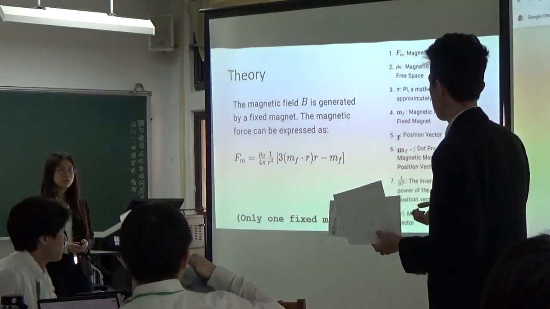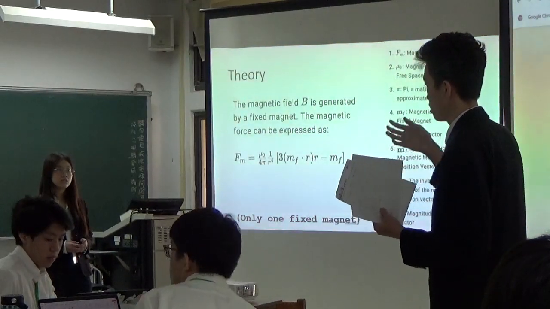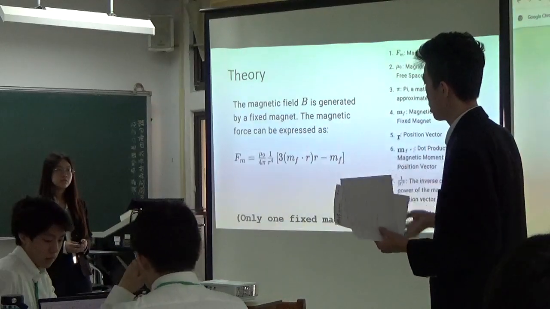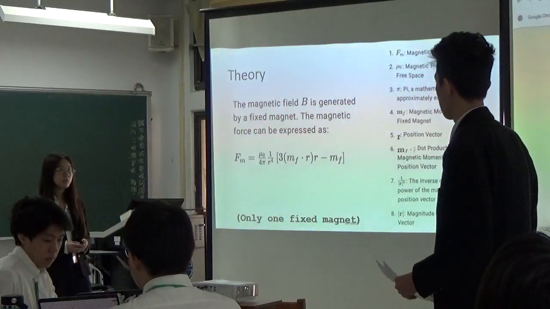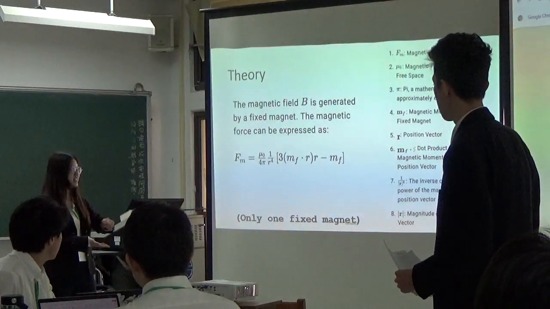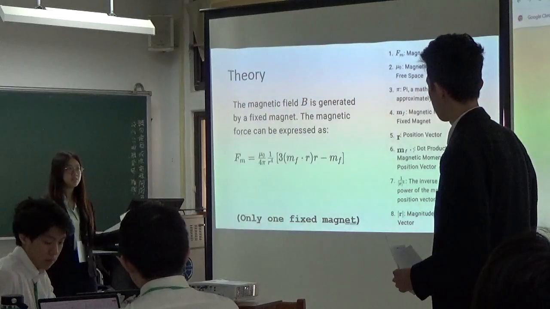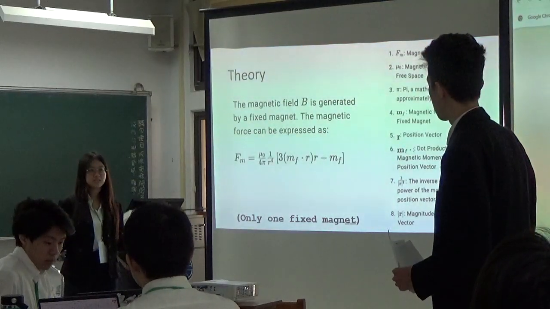So does that fit your experiment setup, since you only suspend the pendulum 3 centimeters away from the base? Don't talk about the swinging magnet, just talk about the base field. Yes, so that doesn't matter if it's 3 centimeters.